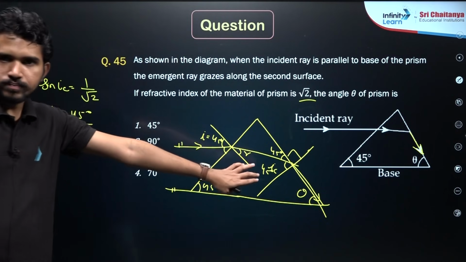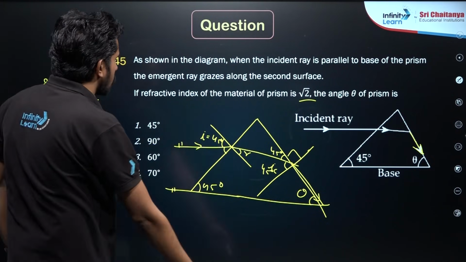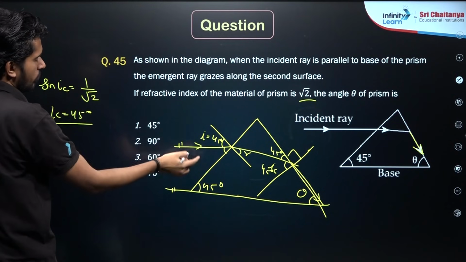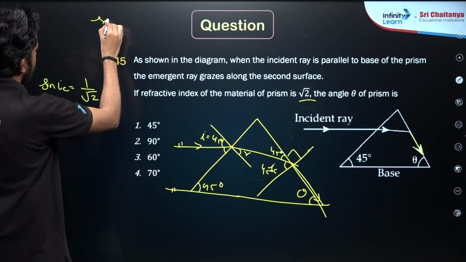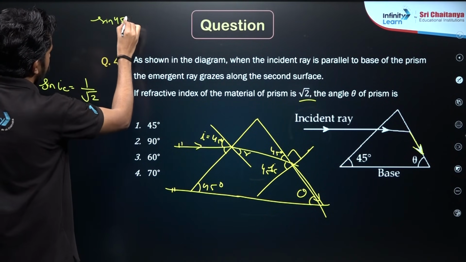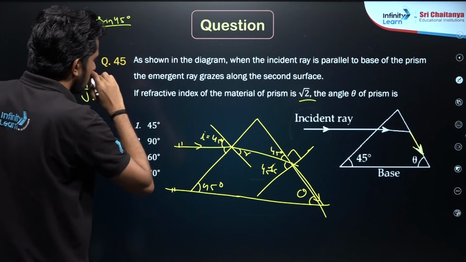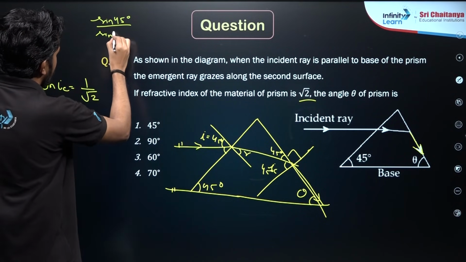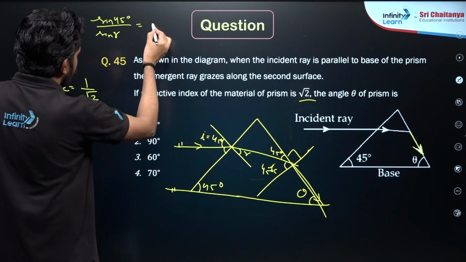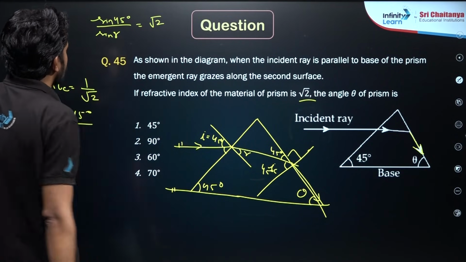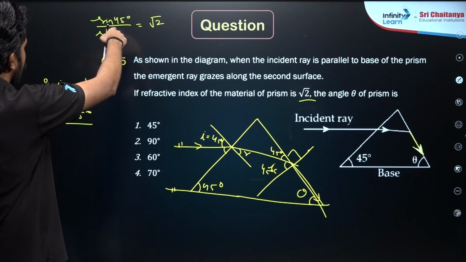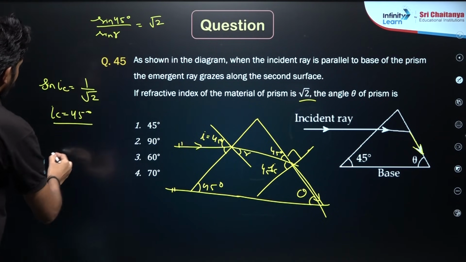Okay. Then R angle. So basically sin 45 degree upon sin R equals also mu, root 2. Yes or no? Sin 45 is what? This sin 45 is 1 by root 2.